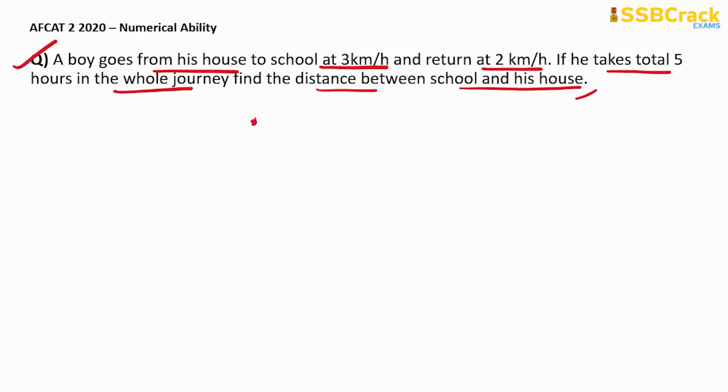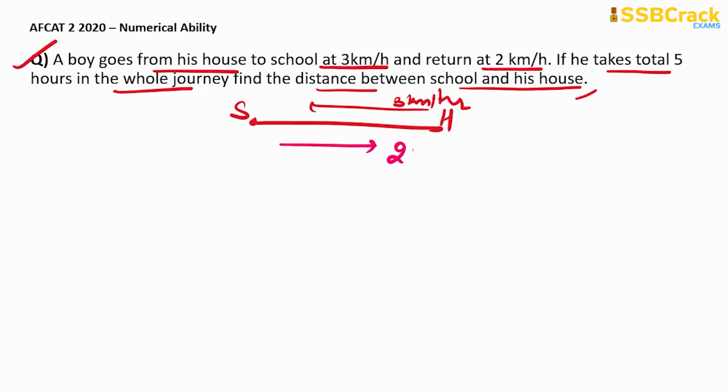So when he is going from house to school, he is traveling at 3 kilometers per hour, and in the return, when he is returning back home, he is traveling at 2 kilometers per hour, and he is covering this whole journey in 5 hours. Now we have to find the distance between his school and his house.